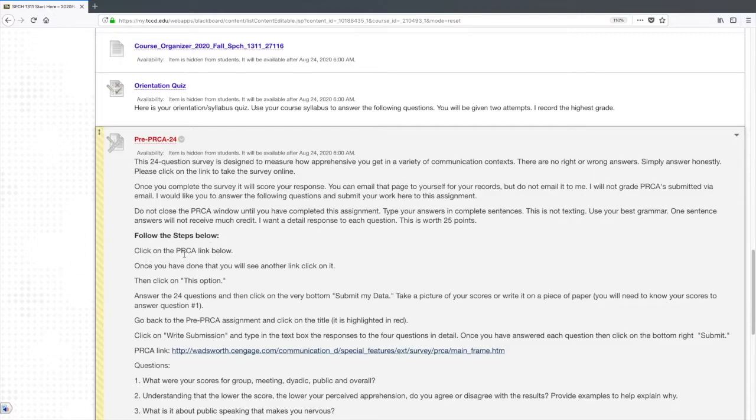It says click on the pre-PRCA link below, which is right here. This is a website. And then after that, I just follow the instructions carefully. Then once you have taken that survey on this website, you would need to go back to this assignment. You would click on the assignment, and I'm going to go ahead and do that. This is after you've gone to this website to complete the survey. Then you come back to the assignment.